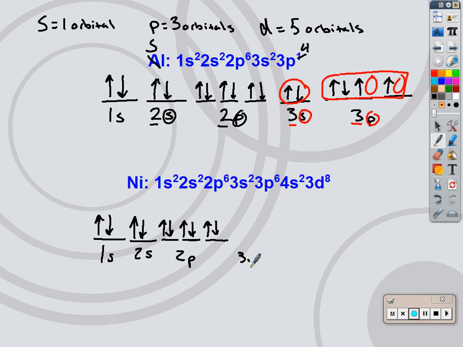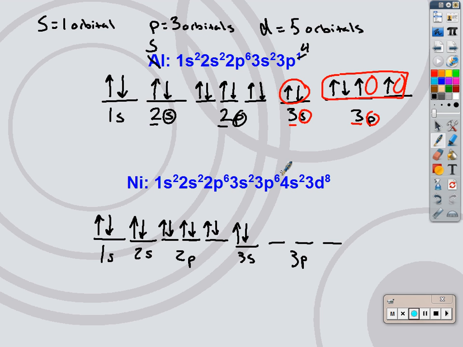3s. One room, 2 electrons spinning in opposite directions. Thinking ahead of myself. 3p is 3 rooms.